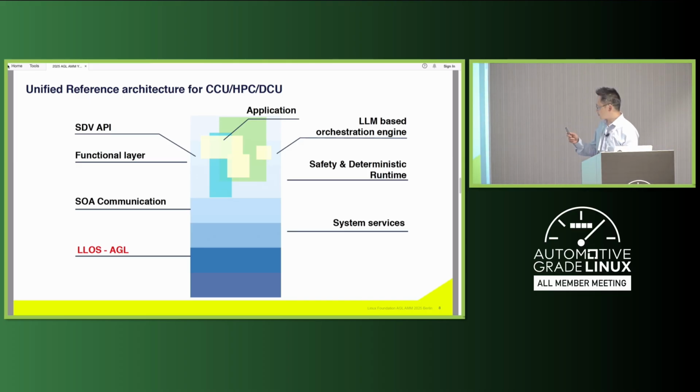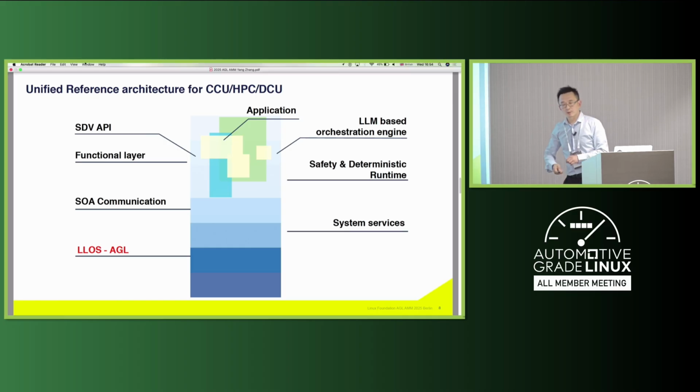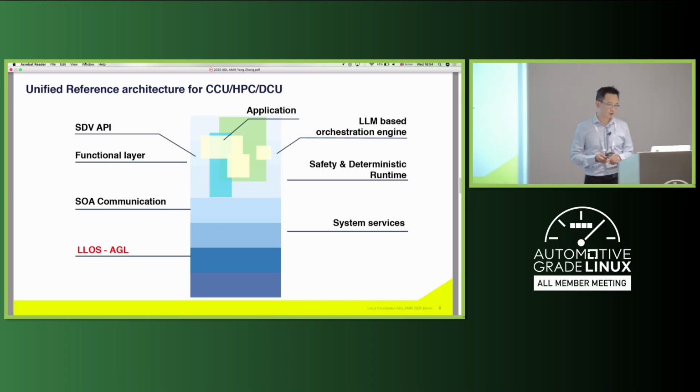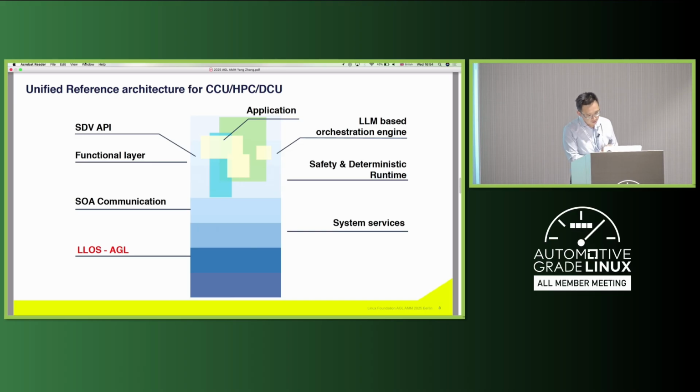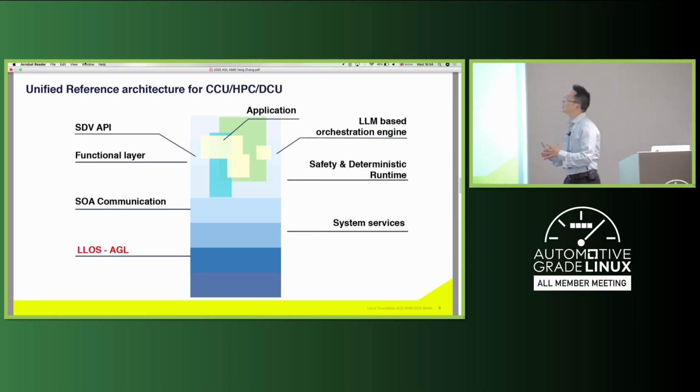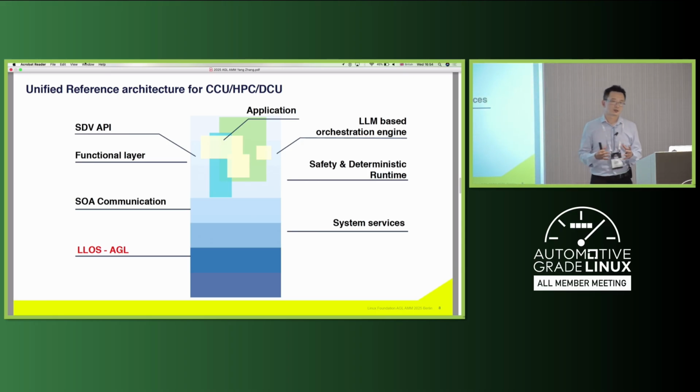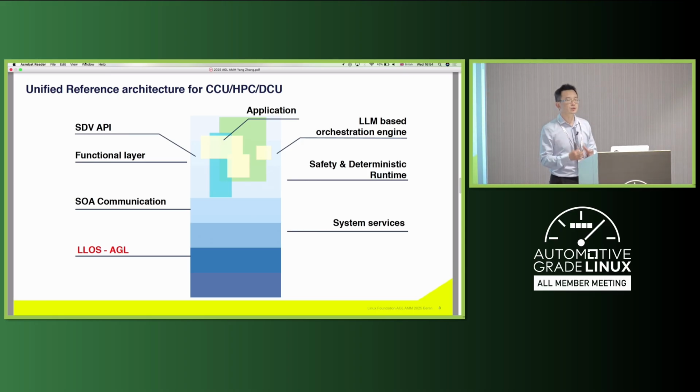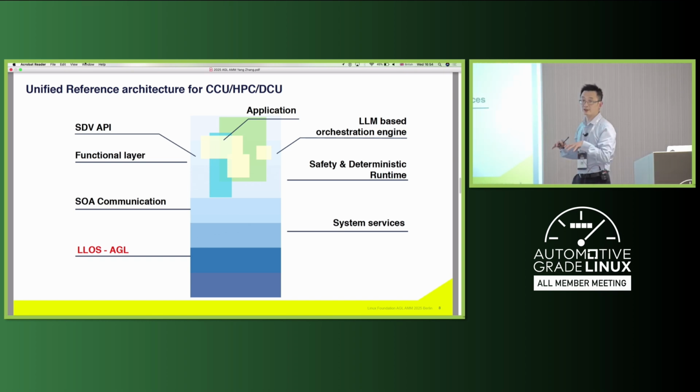But one interesting bit here is the LLM-based orchestration engine. We probably don't have time to dive into this today, but I heard it mentioned in one of the early presentations. This is our attempt: in a centralized computing unit, all the tasks, no matter which traditional functional domain they come from, will go through our AI-driven large language model engine.